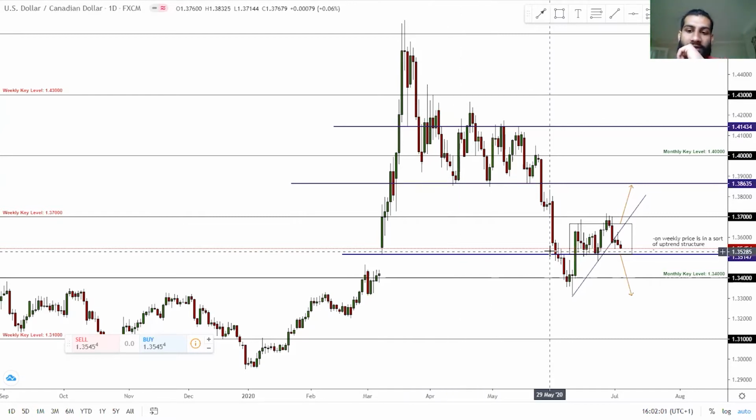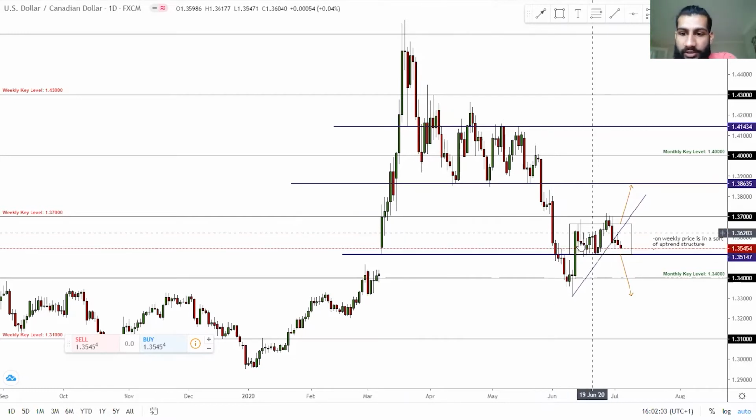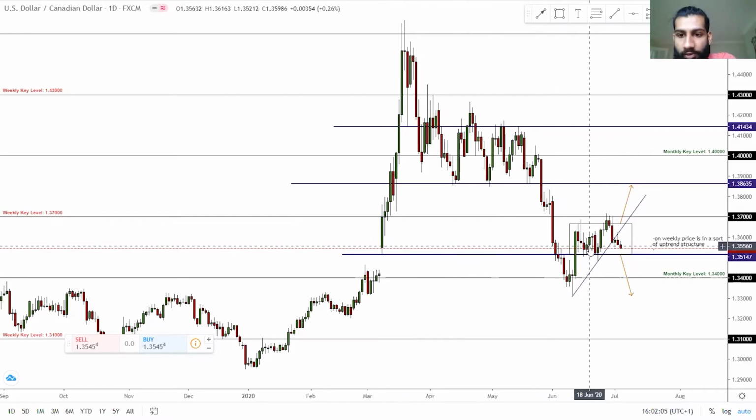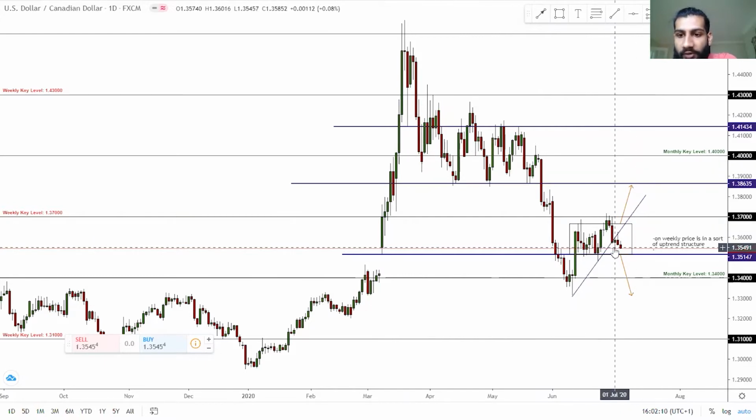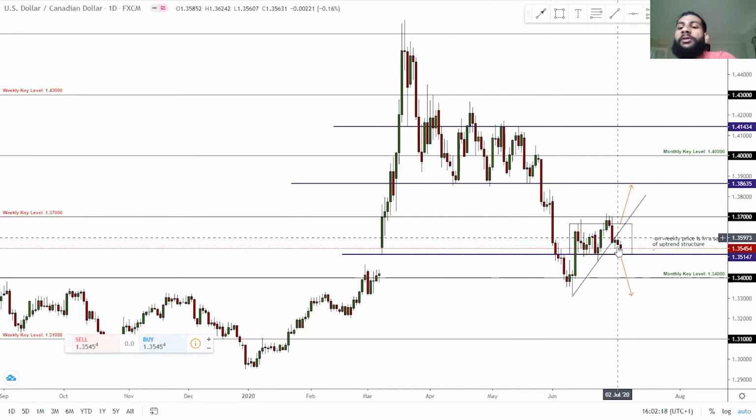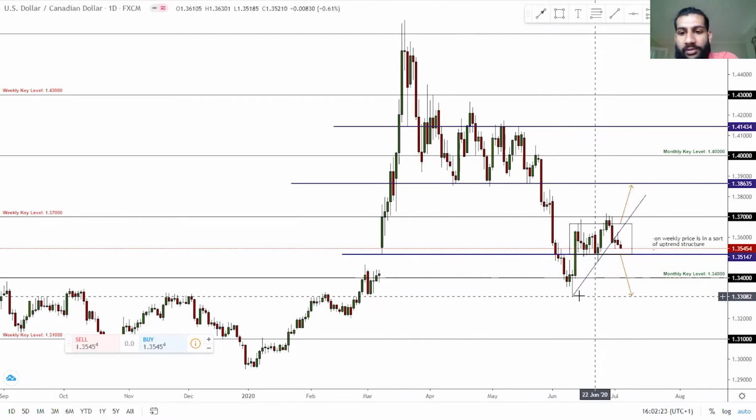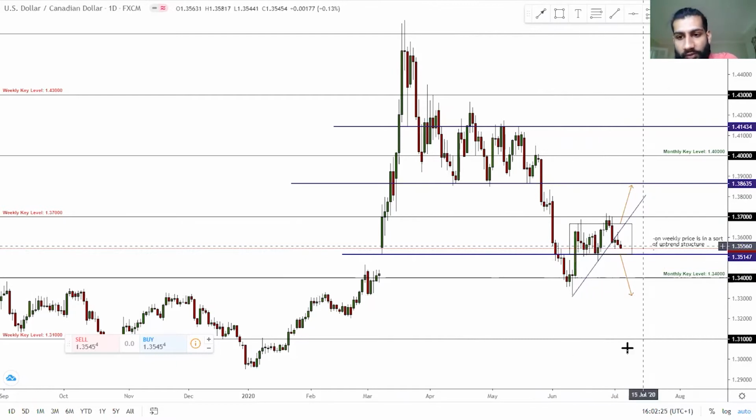Which will be kind of interesting to see what happens, because it's now also traveling within this range. We've got a bit of a counter trend line forming over here. If it was to break below this key level, right, the support level over here, and also this range box, I will pretty much be shorting this up till this kind of previous low over here, right, and see maybe if it wants to push lower.